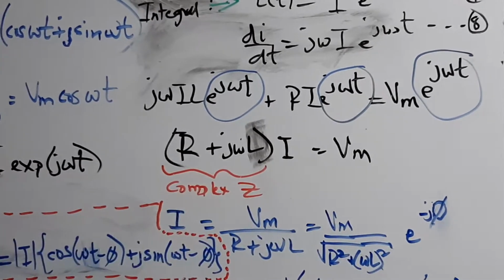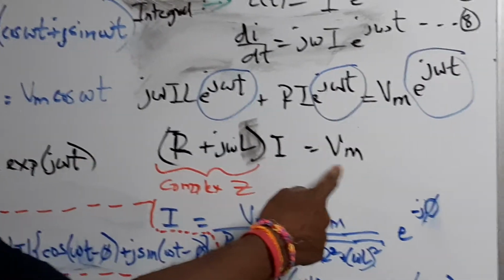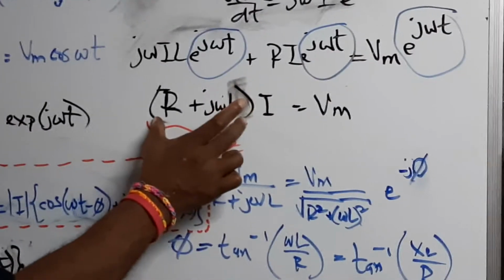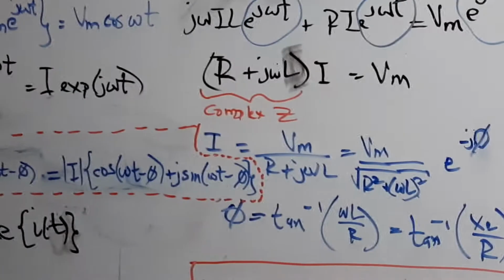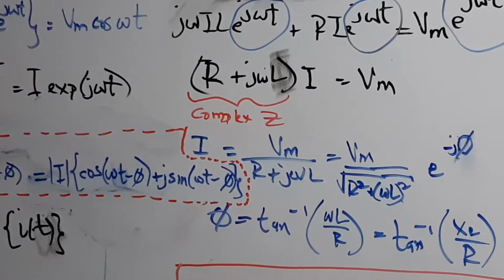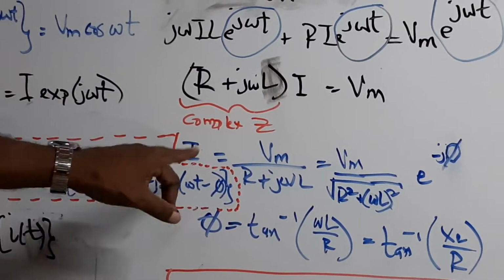Reminding you again, remember Ohm's law, where V is equal to I times impedance. So that bit in the bracket there is our complex impedance. Right?